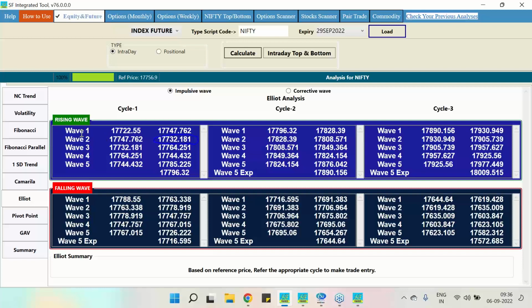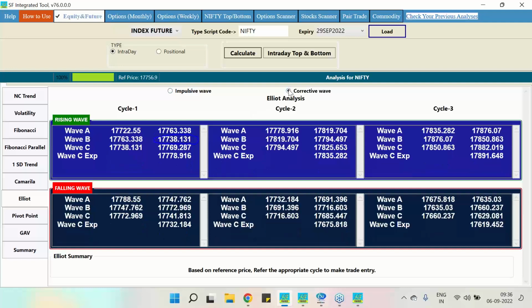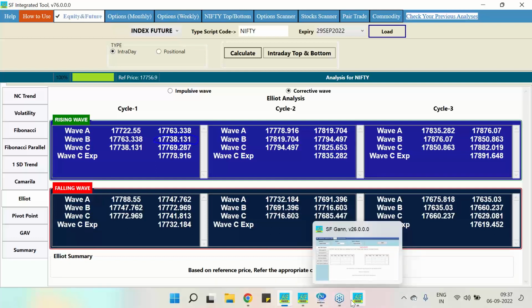Till wave 1, wave 2, or corrective wave A and wave B construction ended, it will not be known whether the price is going to accept the impulsive pattern or the corrective pattern.